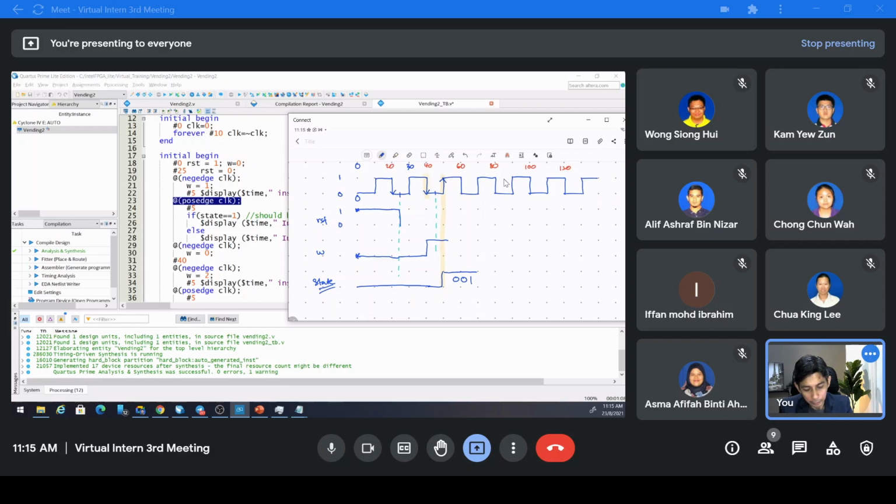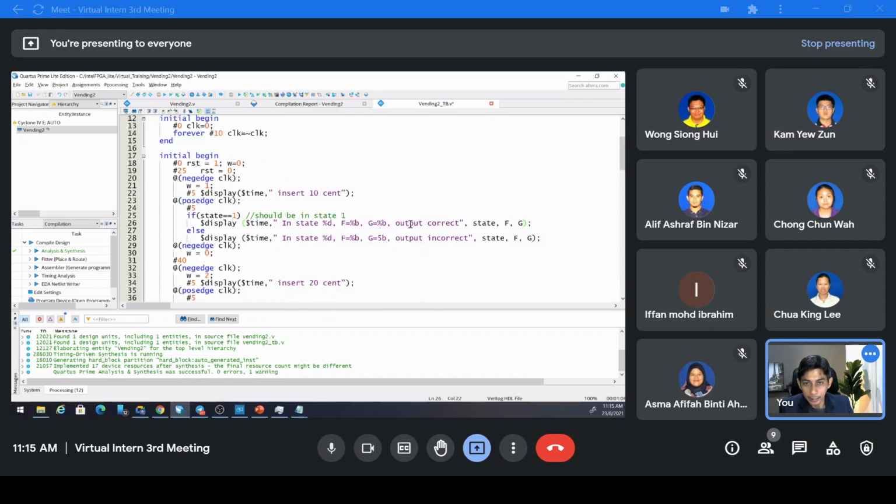This is 50, so it should be 55 nanosecond, and we check. This is the place where we check whether this is 0, 0, 1 or not. If 0, 0, 1, we display output correct. If not 0, 0, 1, other than that, we display incorrect. So that is the first thing we want to check.